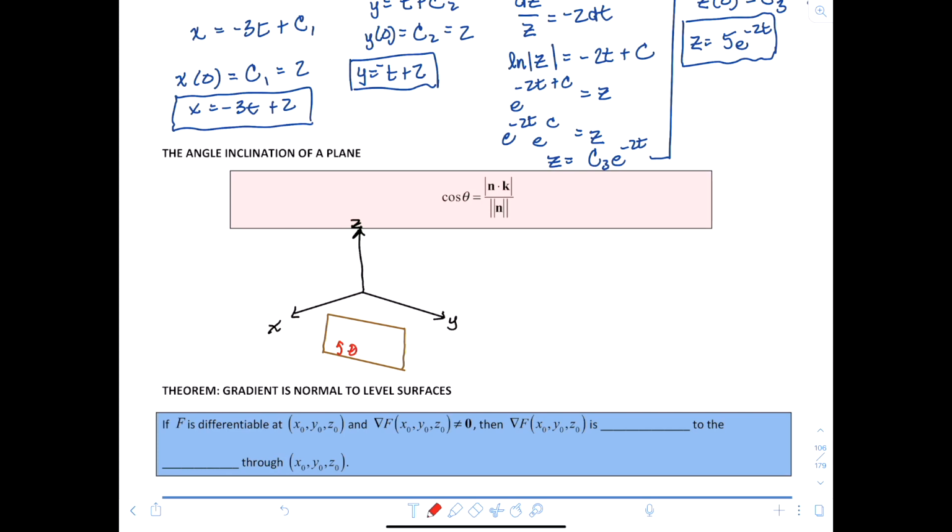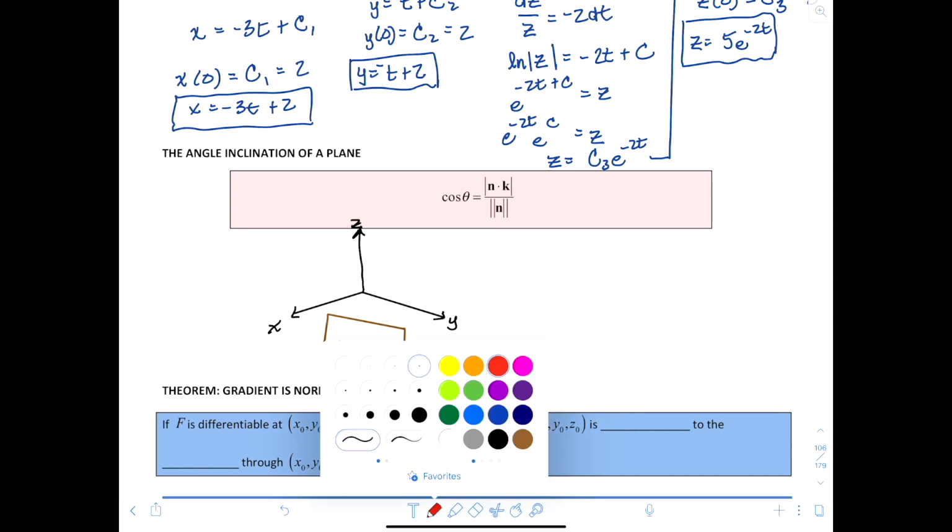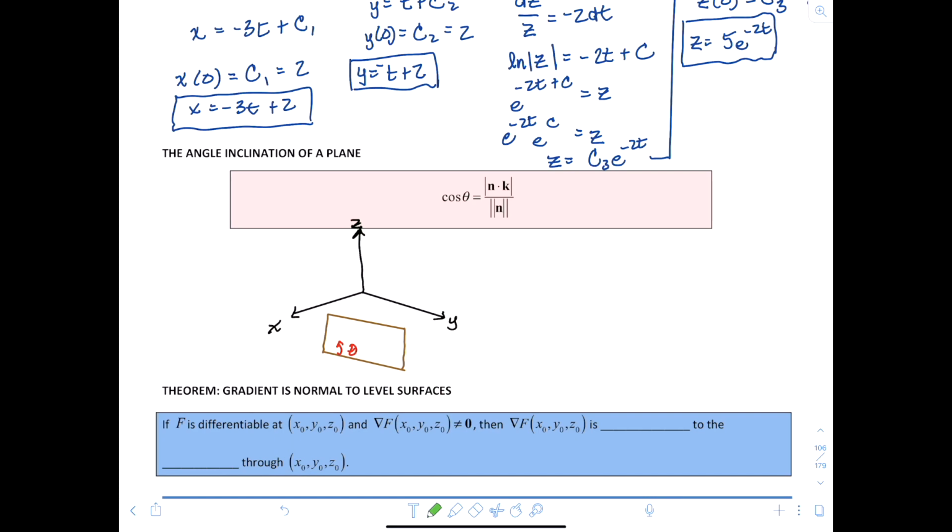And then you'd have your inclining plane, which will look something like this. And probably more like this. So this is like the inclining plane.